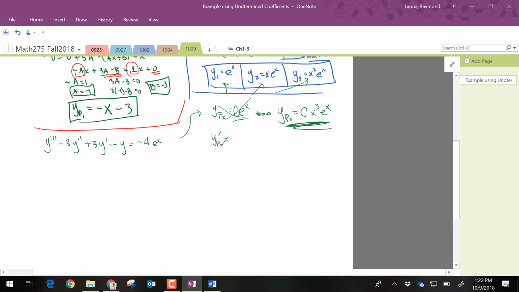So c x to the third e to the x, you just take derivatives, right? Wait, is this going to work or no? So are you thinking about the table for integration by parts? Not for this. Okay. There must be a quicker way to do the product rule a bunch of times. Yeah, well, Alpha will take care of that.